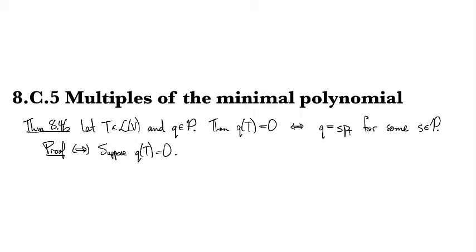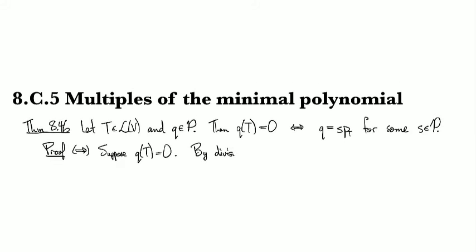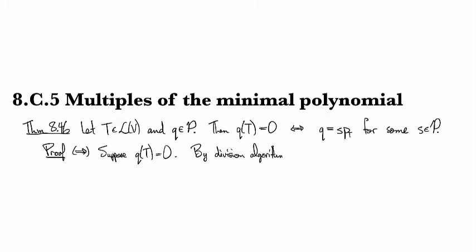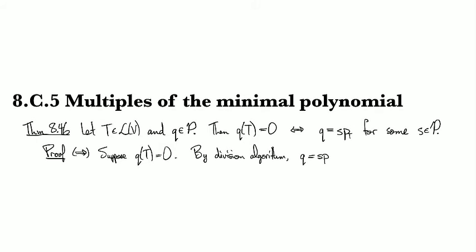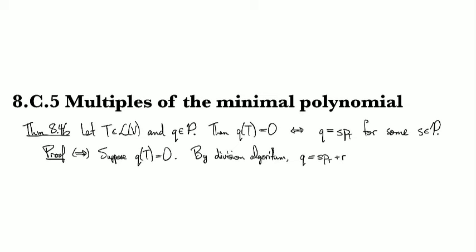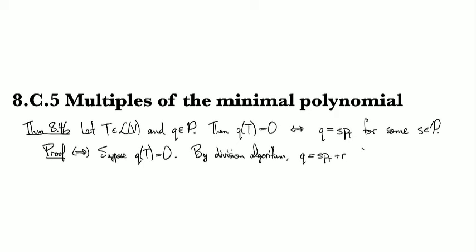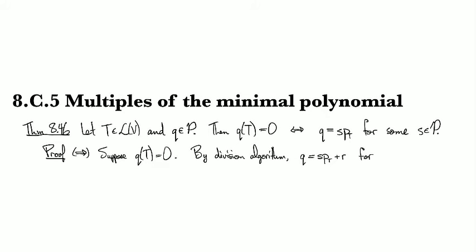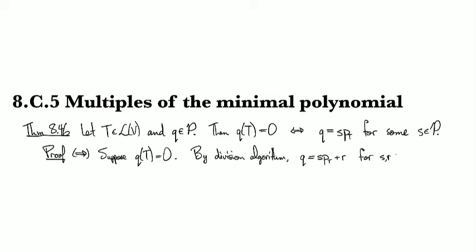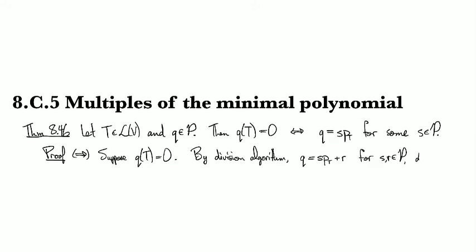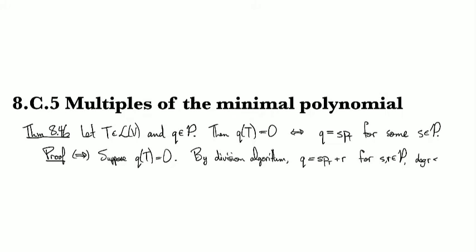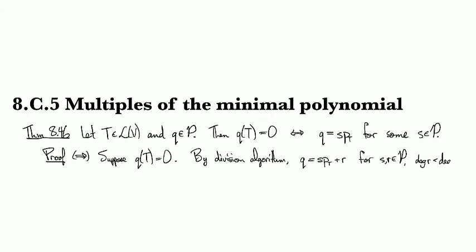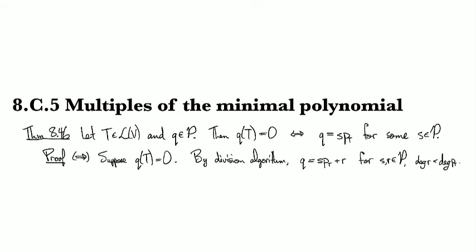Setting that aside for the moment, by the division algorithm, we know that q can be written as s times p plus r for some polynomials s and r, with the degree of r strictly less than the degree of p.